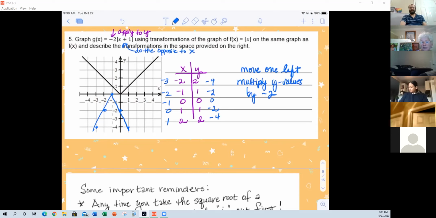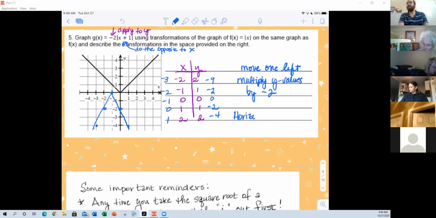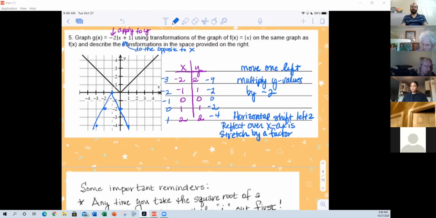So as long as you're describing what's happening correctly, you will get full credit for it. I would take either one of those.